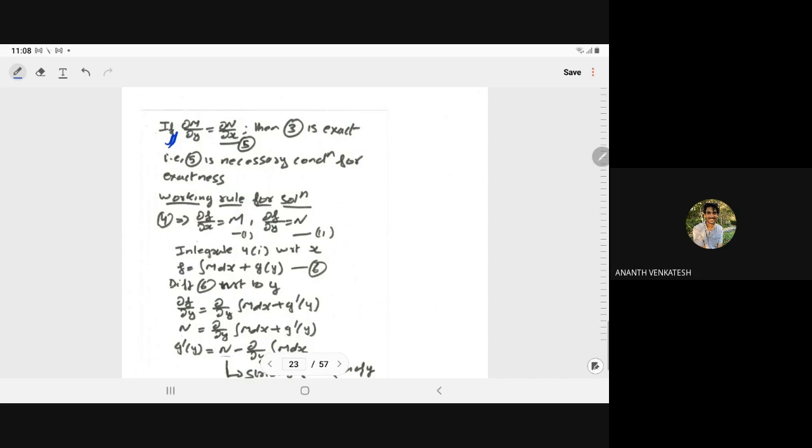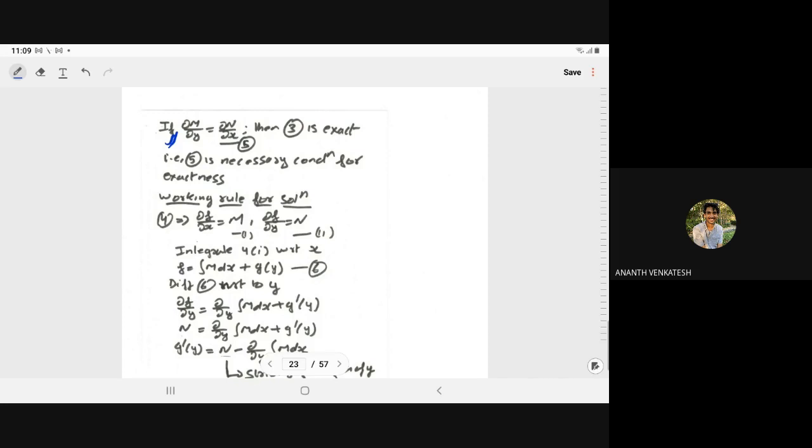Equation number 5 is the necessary condition for the equation being exact. For exactness, this is the necessary condition. It means if the equation is exact, meaning exactly integrable, then definitely it will satisfy del m by del y is equal to del n by del x. That is the necessary condition for the exactness.